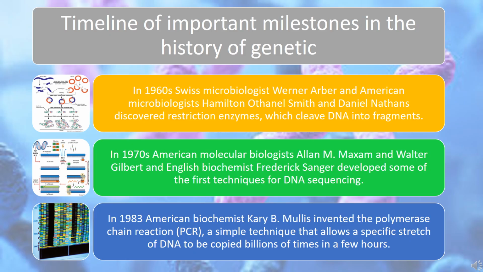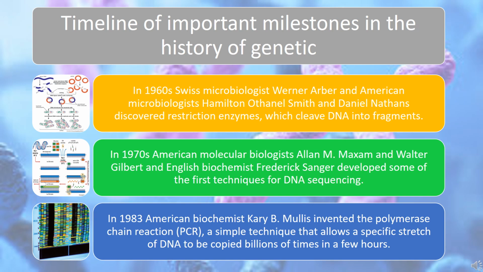In the 1970s, American molecular biologists Alan M. Maxam and Walter Gilbert and English biochemist Frederick Sanger developed some of the first techniques for DNA sequencing. Gilbert and Sanger shared the 1980 Nobel Prize for Chemistry for their work.